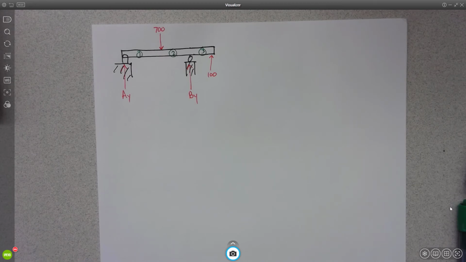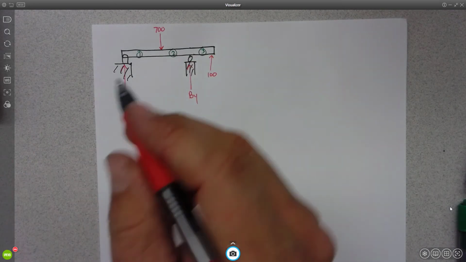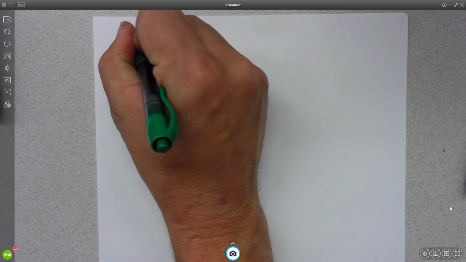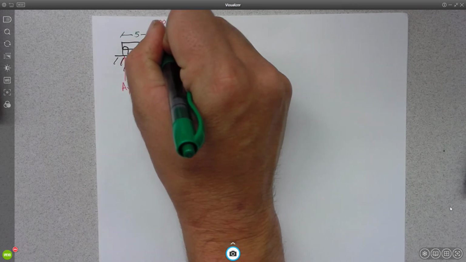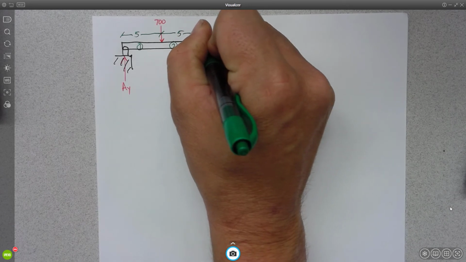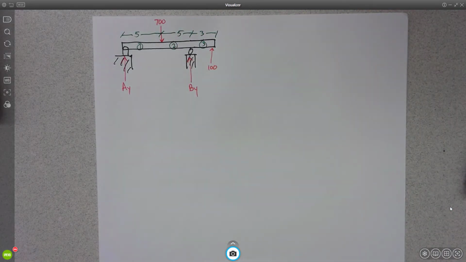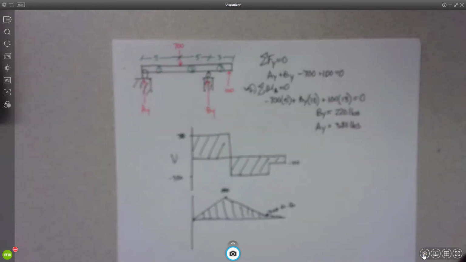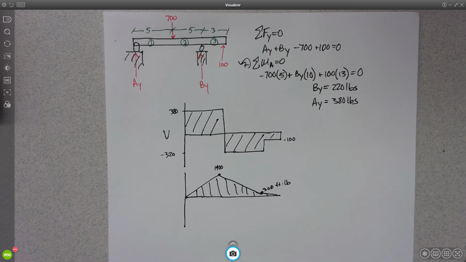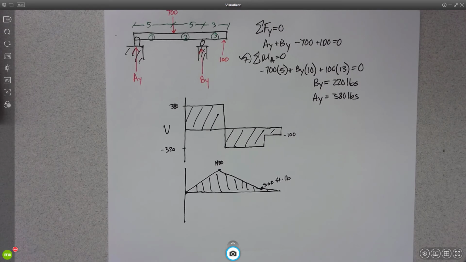I should give you some distances. Fair point. I'll give you a distance of 5 here, 5 here, and 3 there. Now I will pause it and you will go. All right, I think you should end up with some charts that look like this.